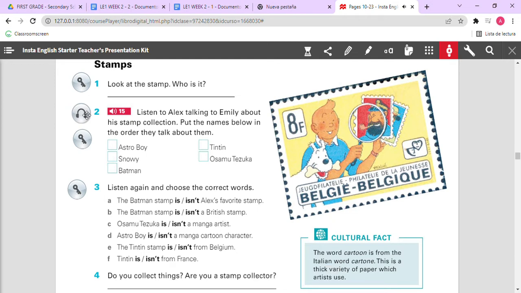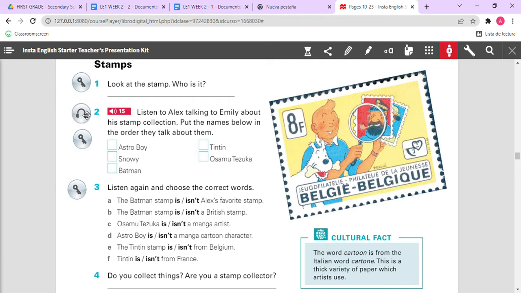Okay, this was our listening activity. So, I repeat the steps. The first step is to listen to the audio. The second step is to number the names of those characters: number 1, number 2, number 3, number 4, or number 5.